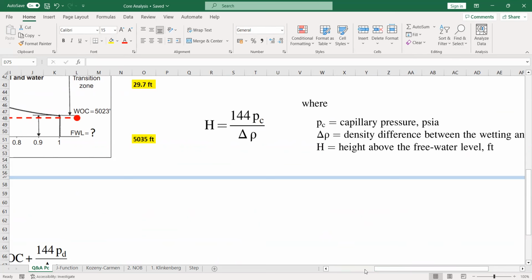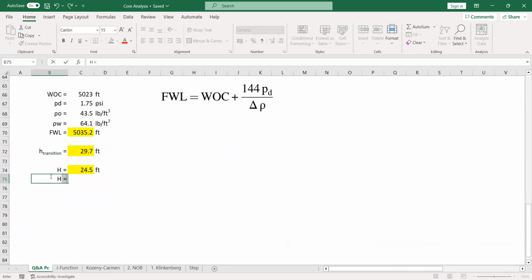Okay, and then of course, the location, maybe I'm going to use this symbol. Of course, the free water level needs to be subtracted by this H. Okay, so it's 5,010.8 feet.